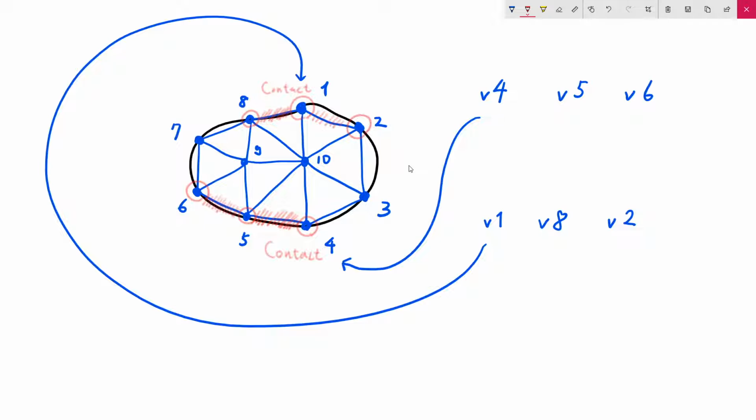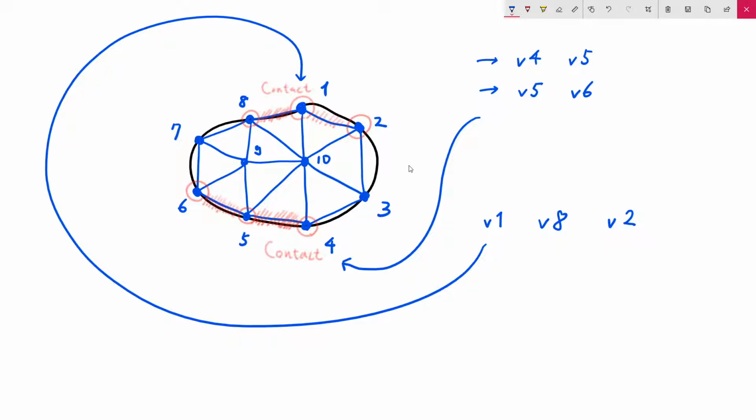A more frequently used approach is just specifying V4, V5, and V5, V6. Each row specifies a certain line segment or an edge.